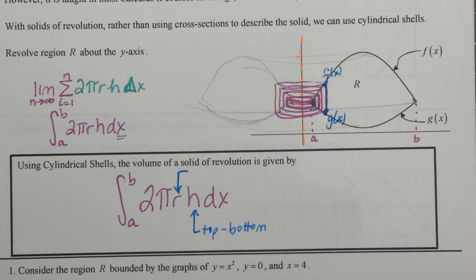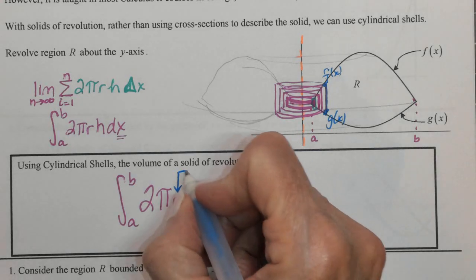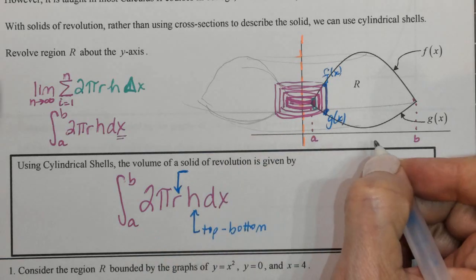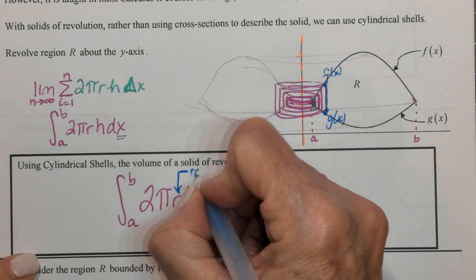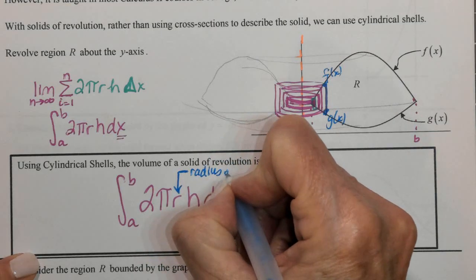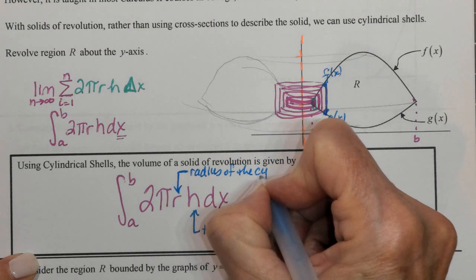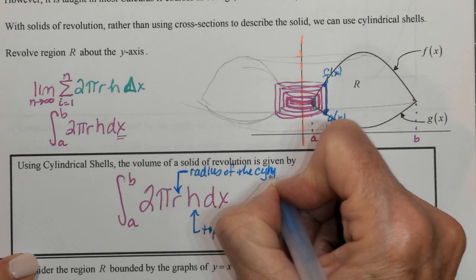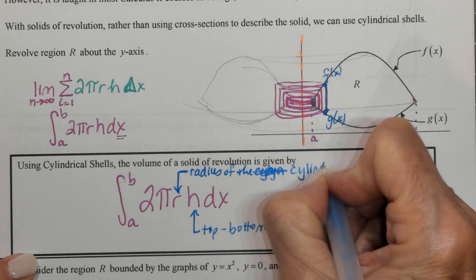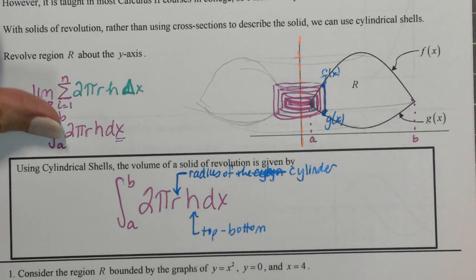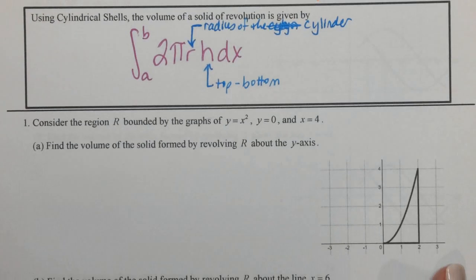Okay? And we will go about how to find r. But r is the radius of the cylinder. R is the radius of the cylinder. Okay? Alright, and we'll go about how to find that in a moment.